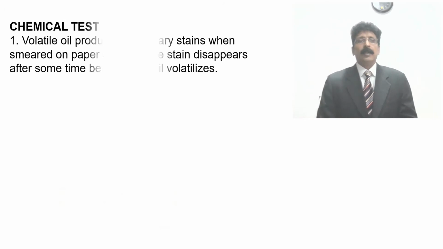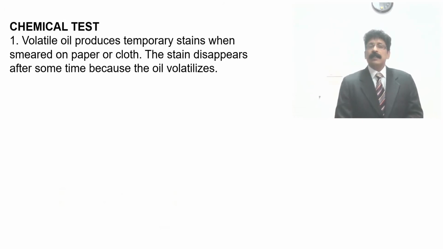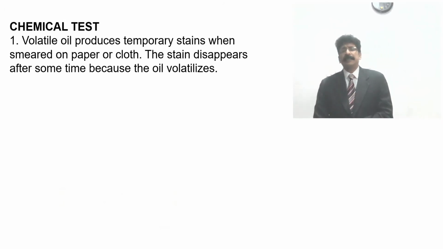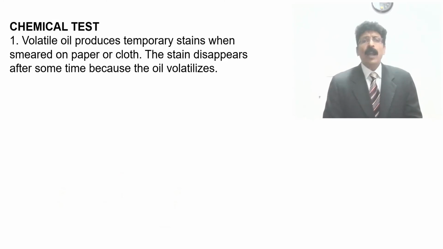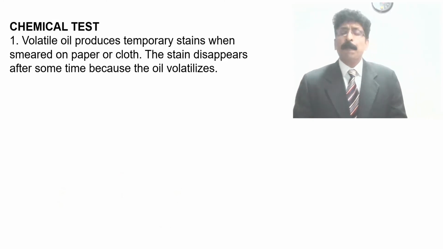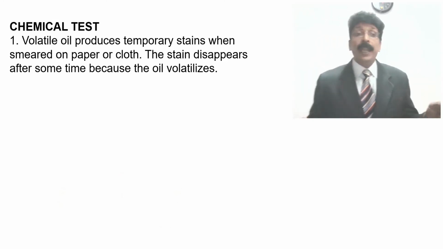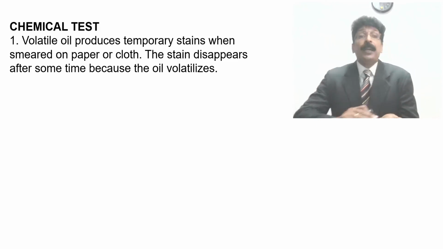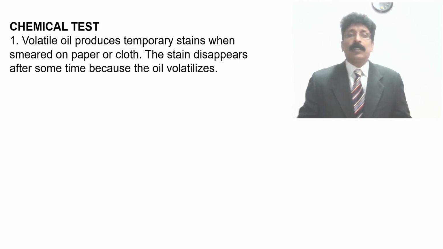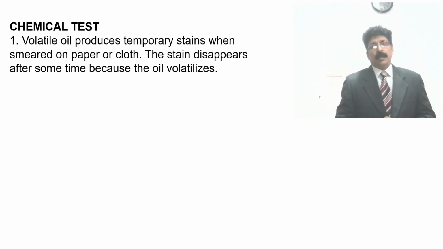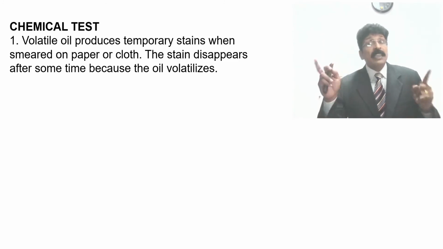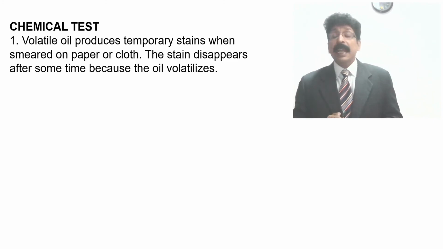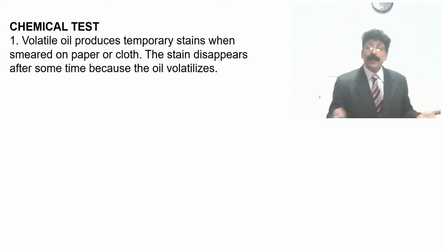Chemical tests: we have taken just two. Volatile oil produces temporary stains when a smear is made on paper or cloth, but a fixed oil makes a permanent stain. The stain disappears after some time because the oil is volatile in nature and volatilizes.